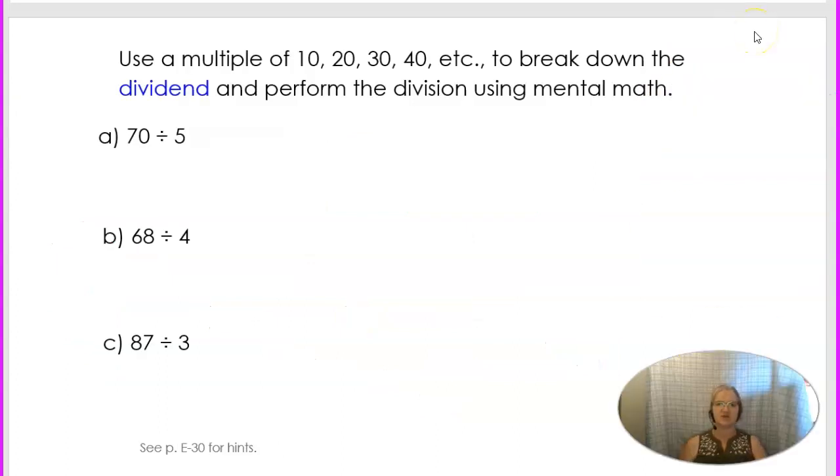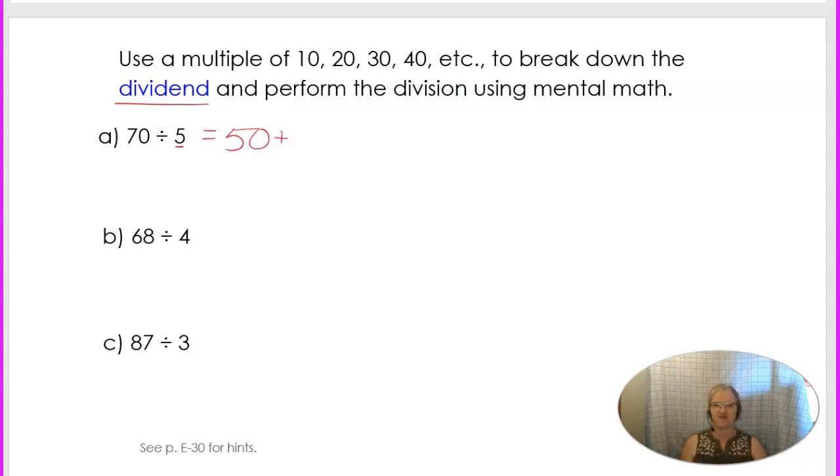On this slide, we will use a multiple of 10, 20, 30, or 40, or so on to break down the dividend. Remember, the dividend is the number that we are dividing, and perform the division using mental math. So 70 divided by 5. Well, if we're dividing by 5, I know that 50 is easy to divide by 5.